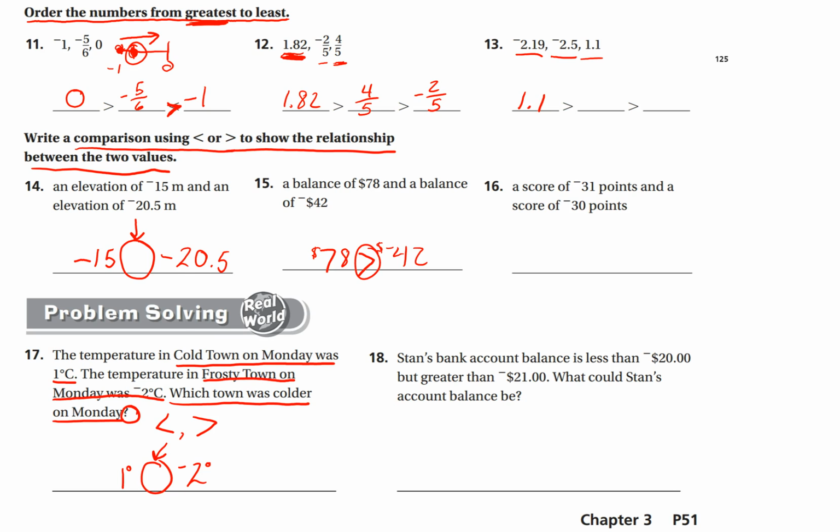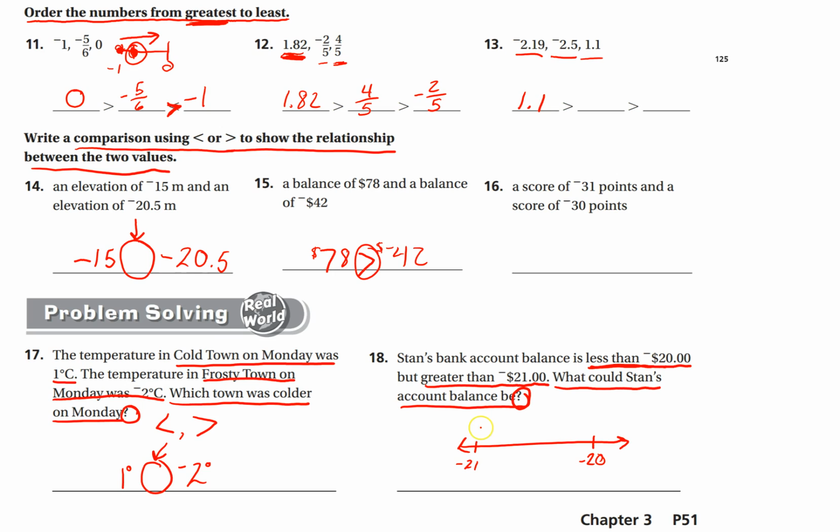All right, number 18. Stan's bank account is less than negative $20, but greater than negative 21. What could Stan's account balance be? Okay, so on a number line, I'm going to start at negative 20 and go to negative 21.